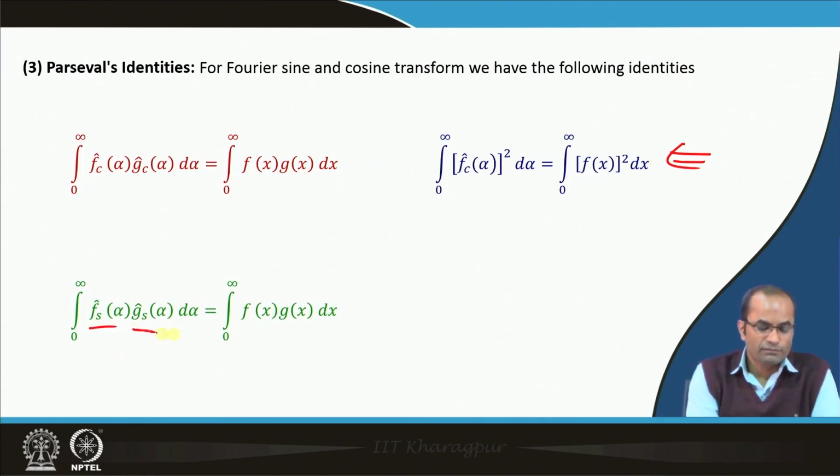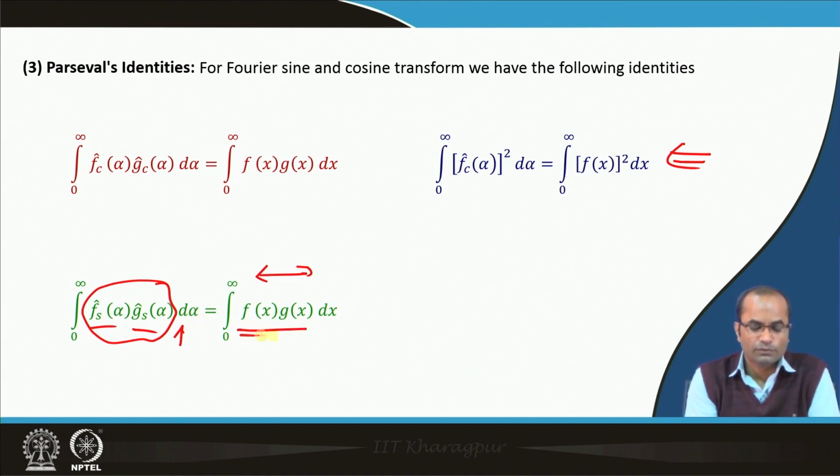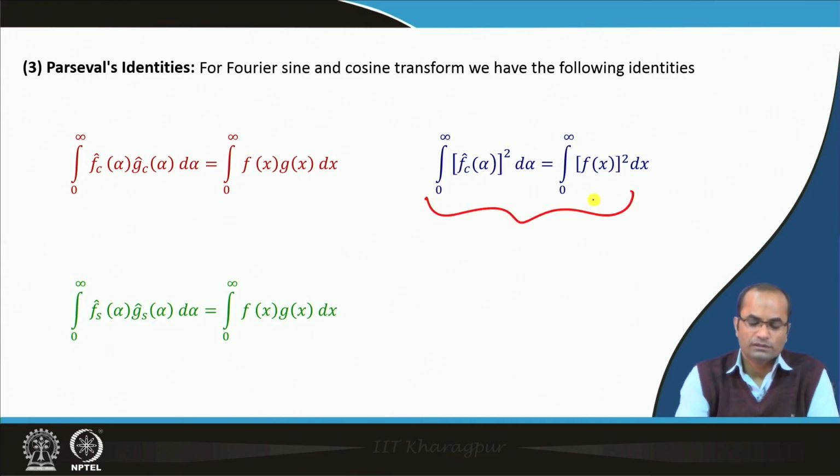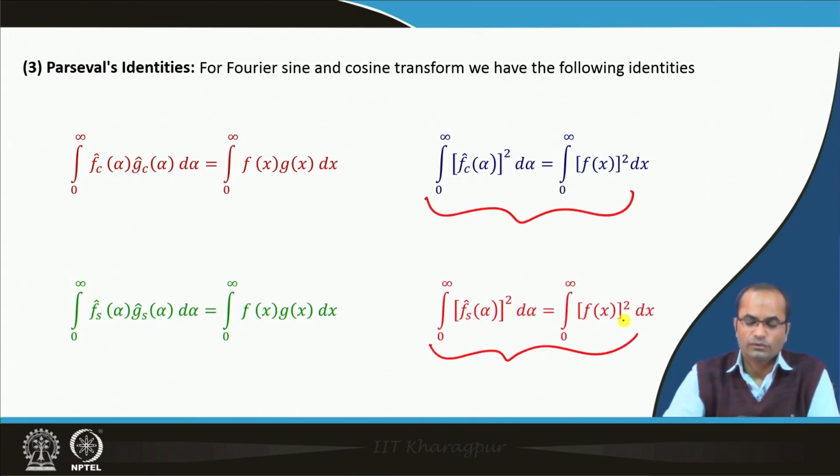For the sine transform also we have similar results. So, when this product of the sine transforms is integrated over alpha, we will get a result equal to the product of f and g integrated again over x from 0 to infinity. And similar to this result, we can also write it down for the Fourier sine transform.